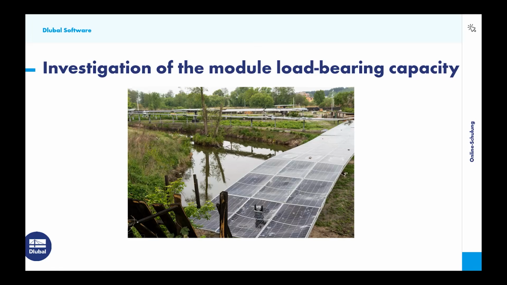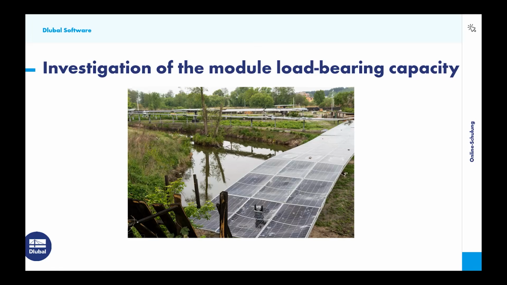And here our program also gives you an answer how you can check special load situations on these modules. Also, for example, think back to the first picture with the snow load on the roof, or the farming house where we have a gripping in the roof.